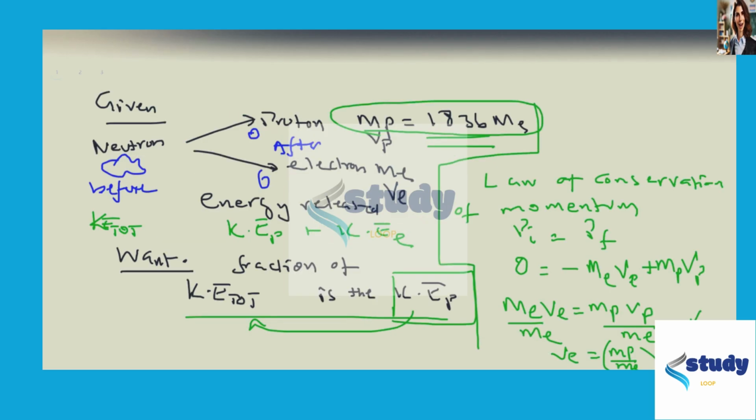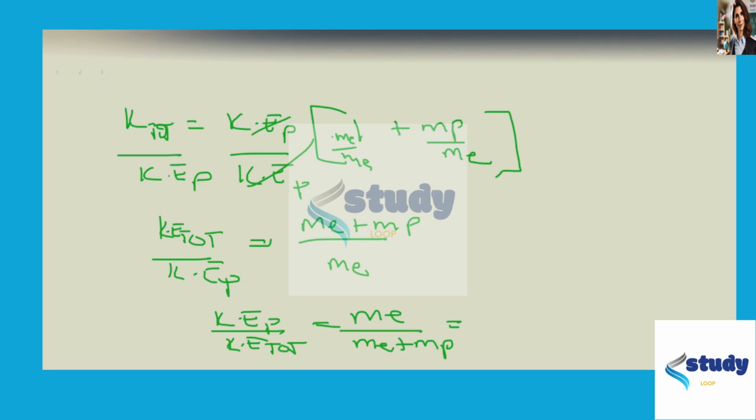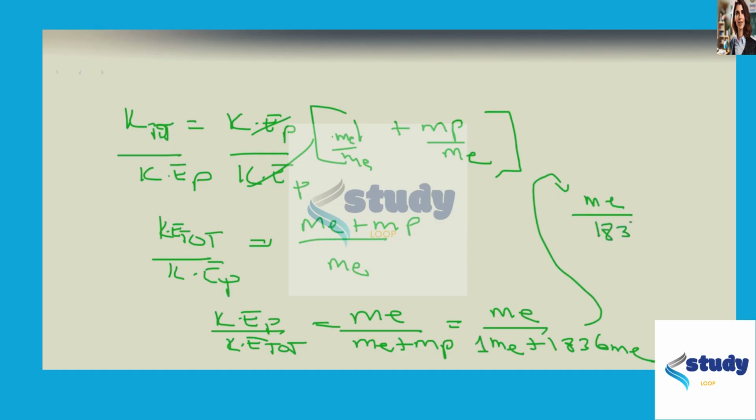Which is the same as, if you go back here, we're interested in the totals. So the mass of the proton is 1836 times the mass of the electron. So we'll have mass of the electron over mass of the electron plus 1836 mass of the electron. We simplify that, this is like having a 1 there, so 1837 mass of the electron. These two cancel out.